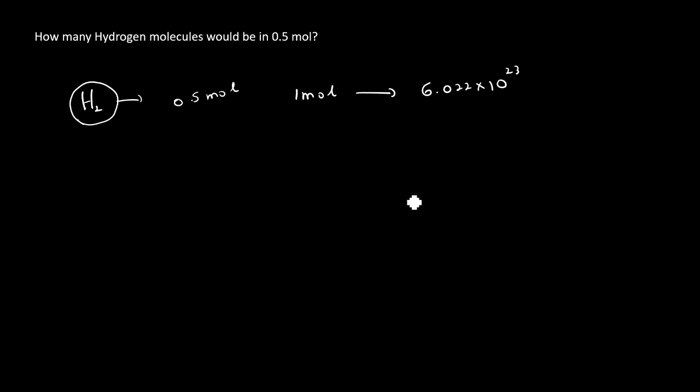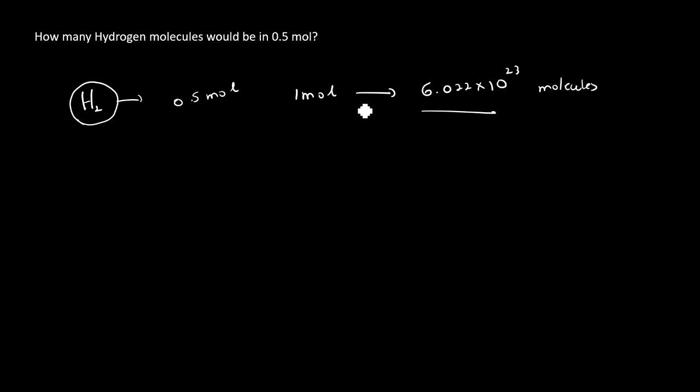In 1 mole, as you can see, this concept we can apply to anything: hydrogen, carbon dioxide, carbon, oxygen, eggs, stones, anything. 1 mole means this amount. So I can say 1 mole of hydrogen contains this amount of molecules.